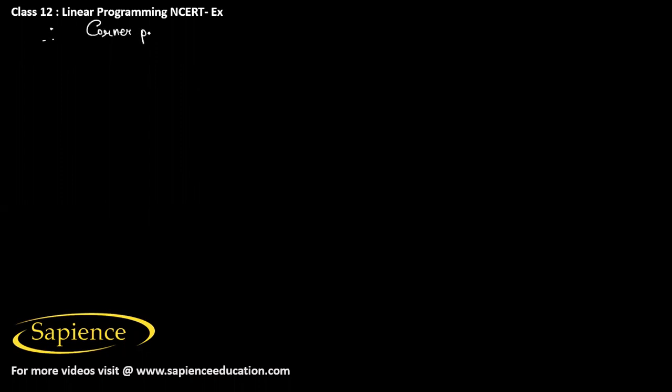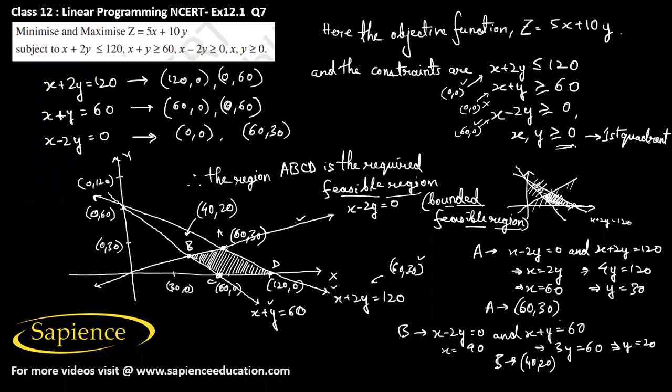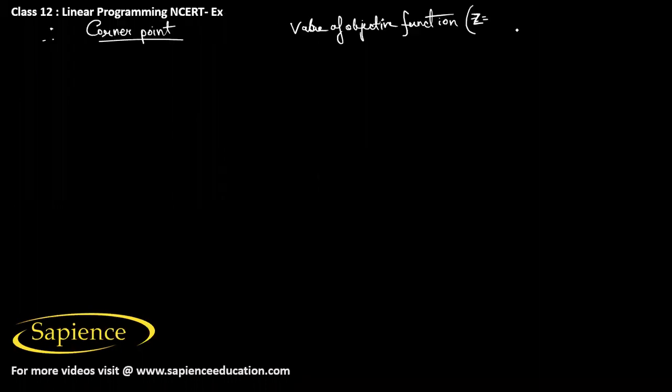Here we can write the corner point, and here we can write the value of the objective function at the corner point, which is z equal to 5x plus 10y.